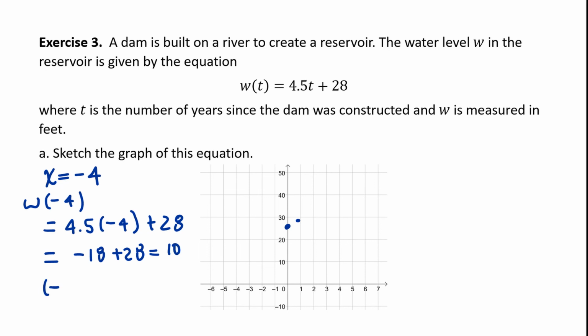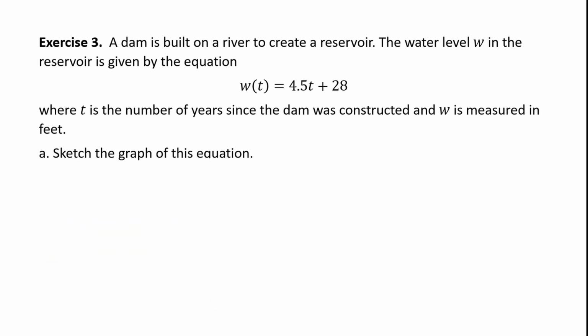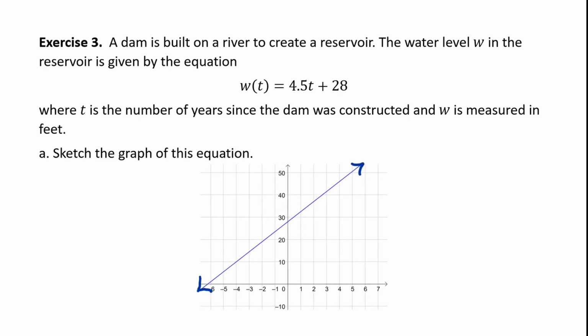The ordered pair negative 4, 10 is much easier to locate on the grid. We can connect those 2 points and we'd still have a line. So here is our line with the points marked.